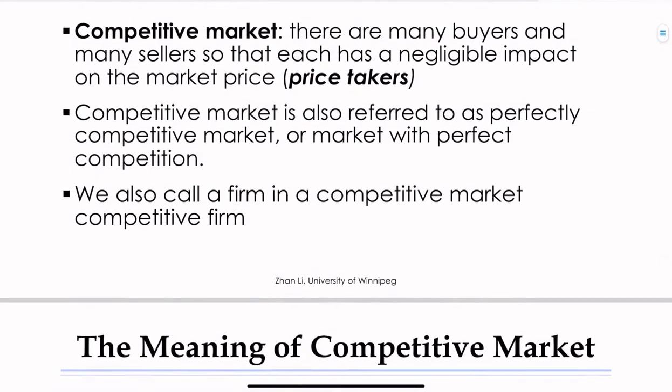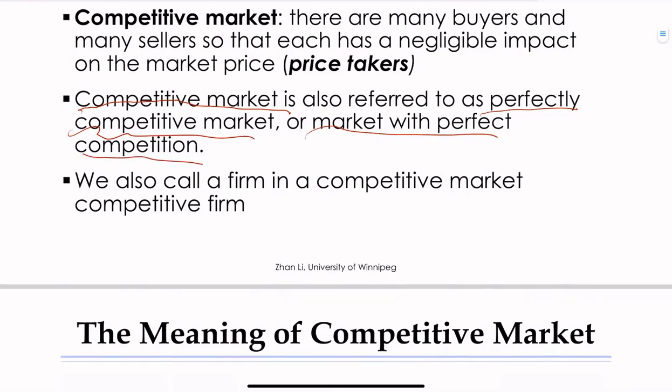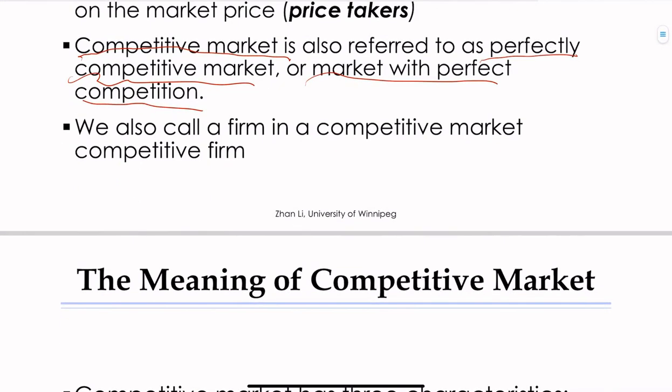And in terms of terminology, we sometimes call a competitive market a perfectly competitive market or market with perfect competition. So for a firm in a competitive market, we call this firm a competitive firm.